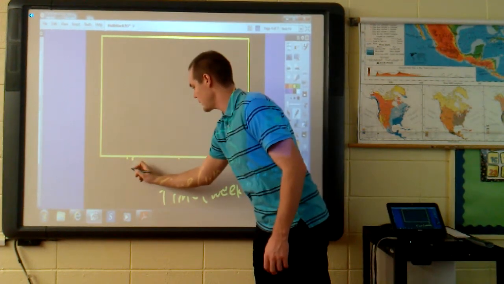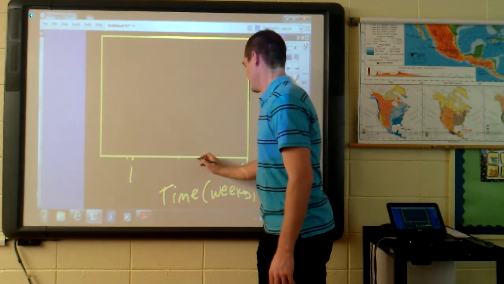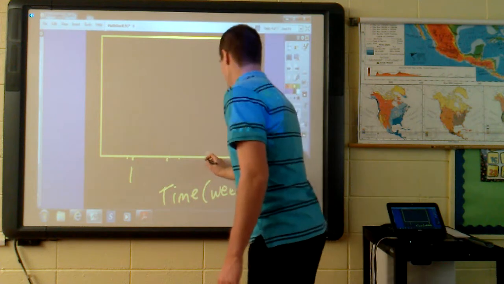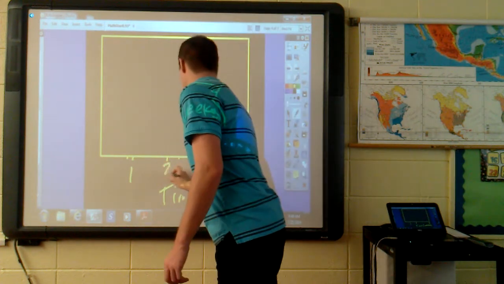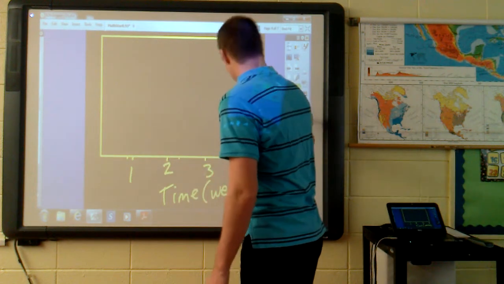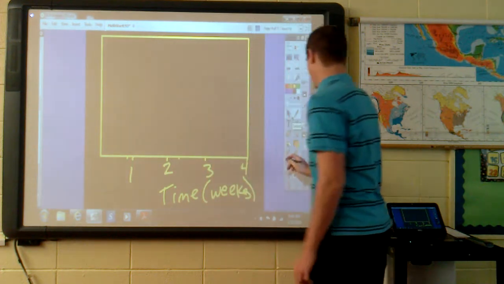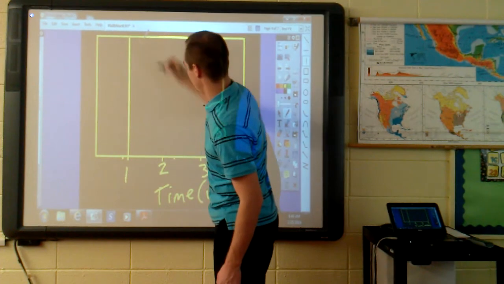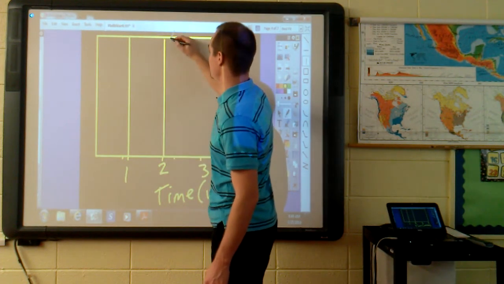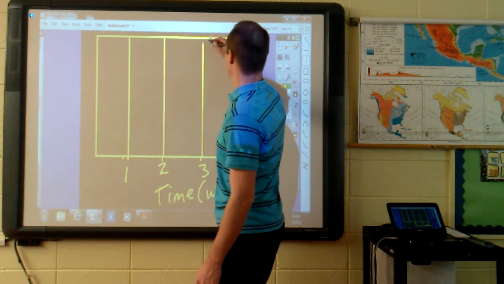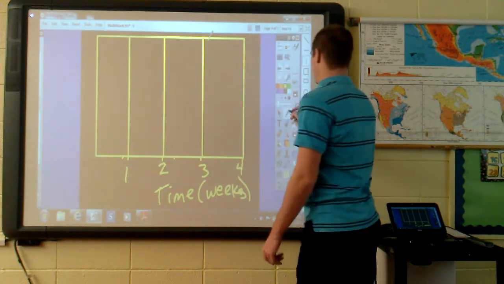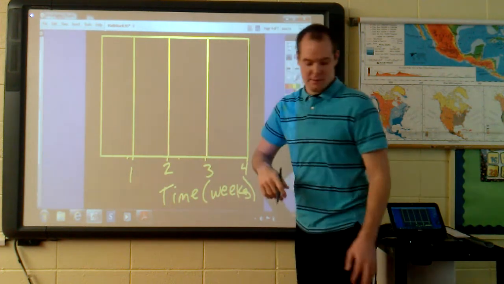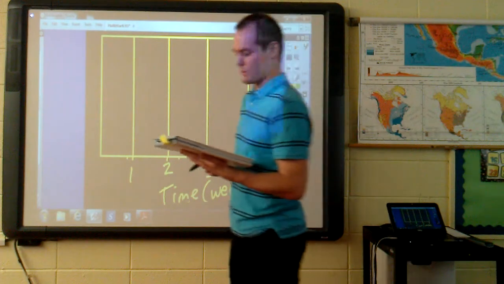Alright, so let's go here. 1. Now you're drawing your lines vertically from here all the way up to the top. You can use a ruler, you can use a straight edge if you'd like to.